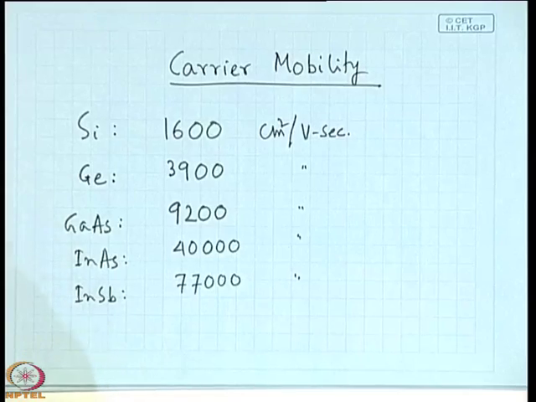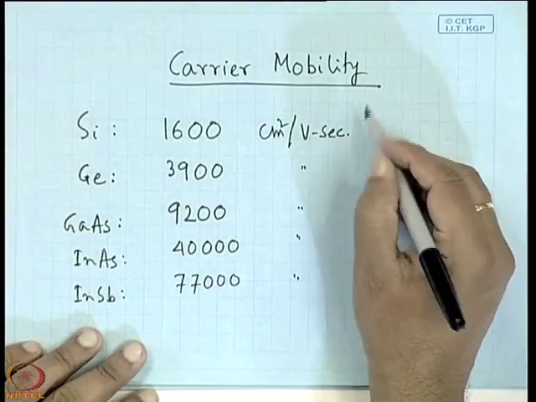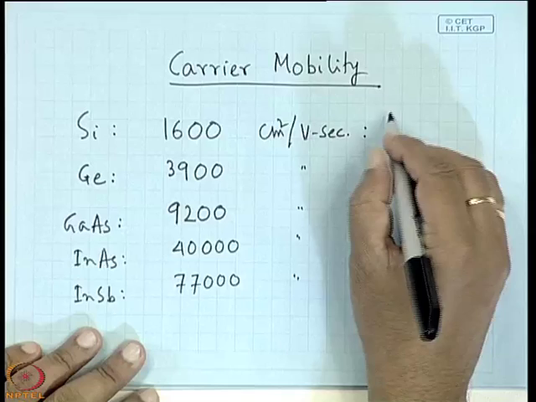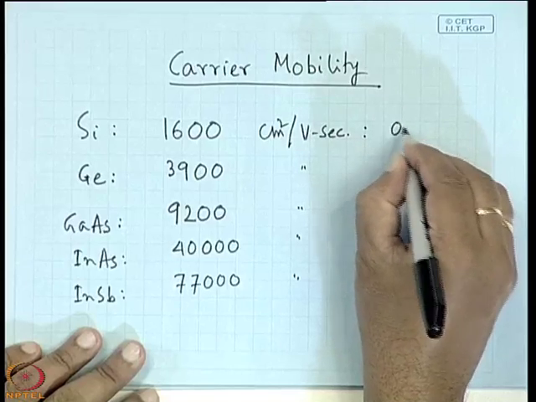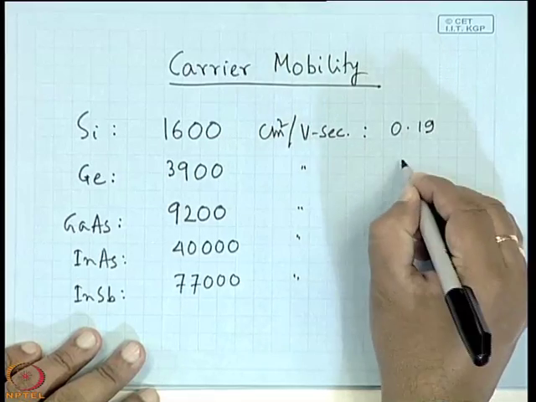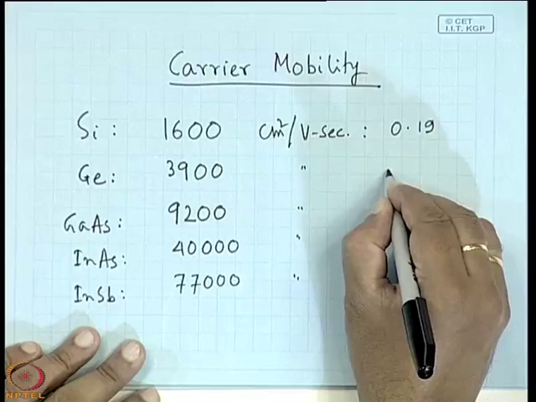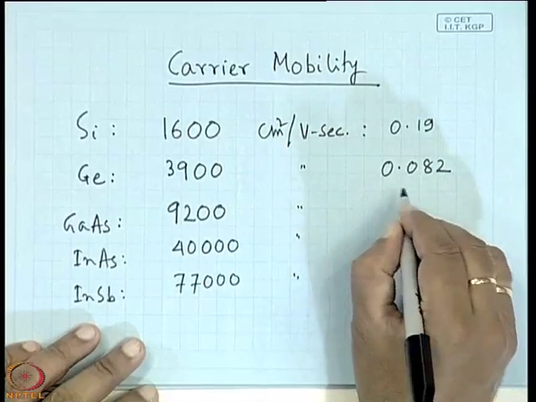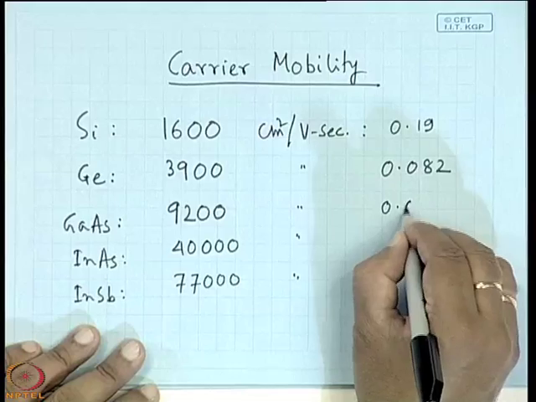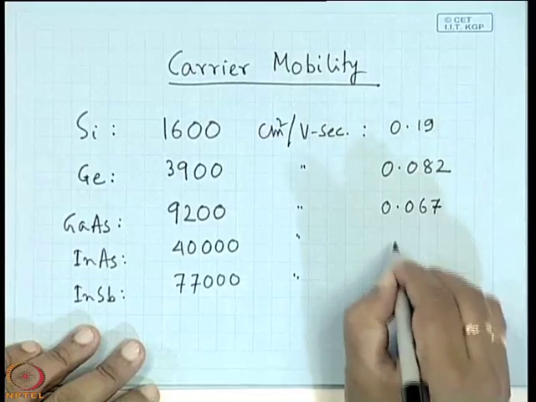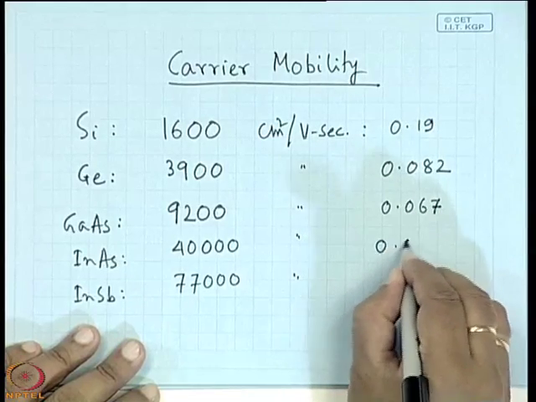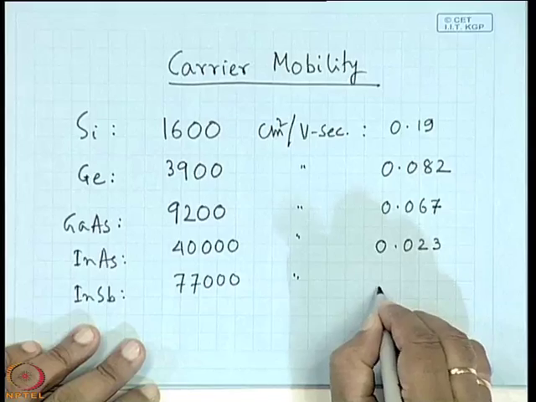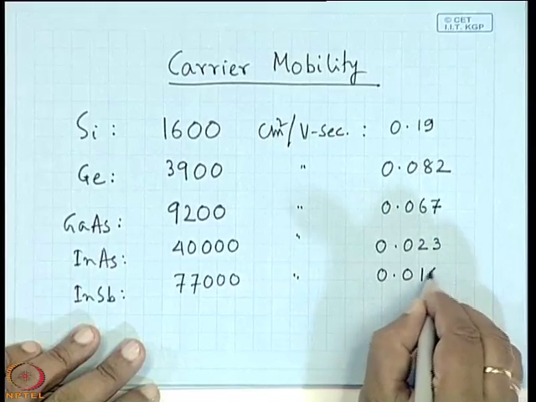and this mobility is high because of the electron effective mass. You see that for silicon the electron effective mass is 0.19, and for germanium it is 0.082, for gallium arsenide it is 0.067, for indium arsenide it is 0.023, and it is 0.014.